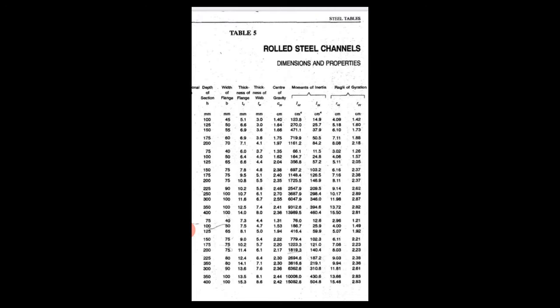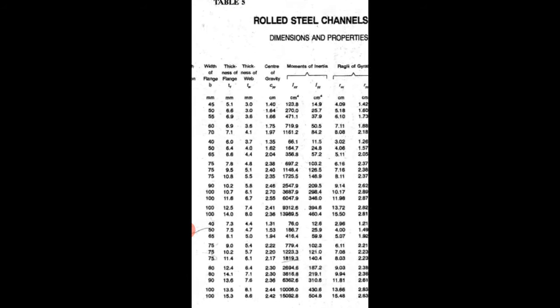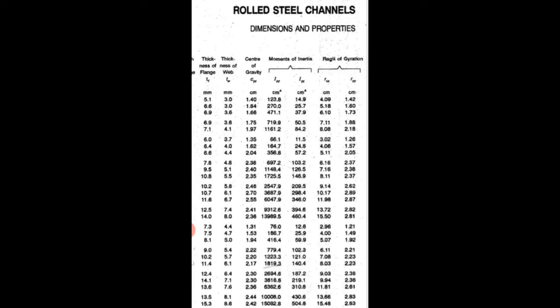Next property, radius of gyration for ISLC 350. The value of RXX is 13.72 centimeter.